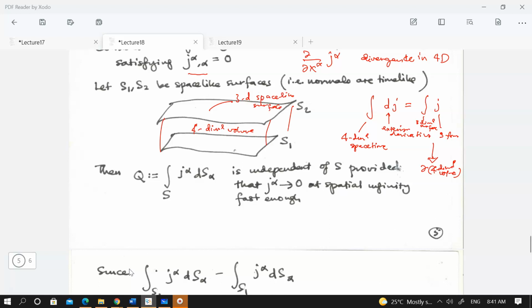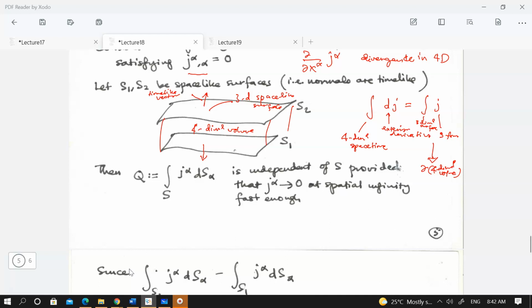Remember, the normal to a space-like surface will be a time-like vector. Same thing over here; on this part, your normal is actually that, depending on the orientation of that surface.